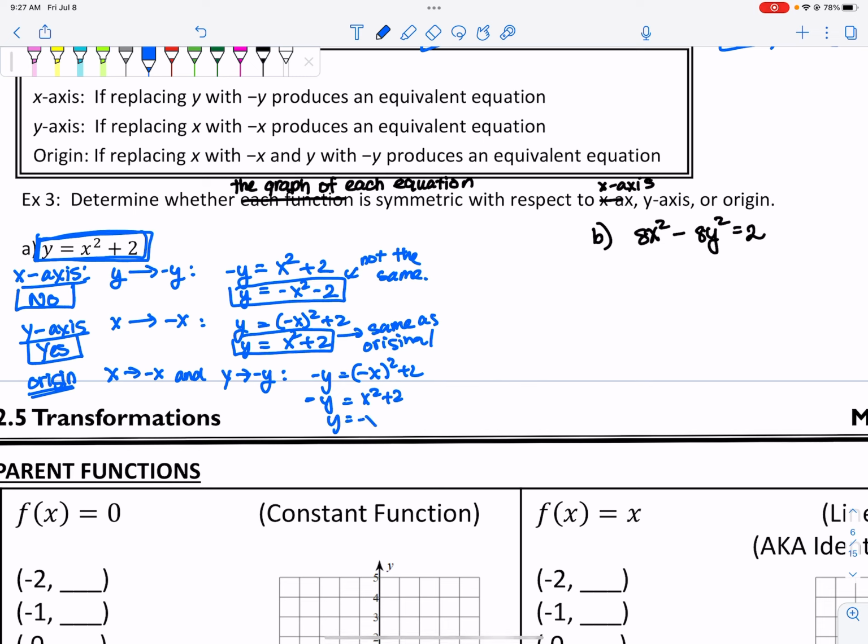Y equals a negative x squared minus 2. Now this is not the same. So no, the graph is not symmetric about the origin. So the only symmetry here is about the y-axis. Symmetric with respect to the y-axis.